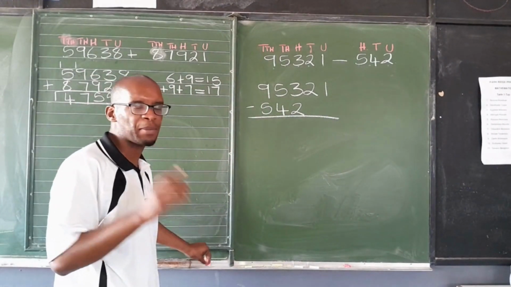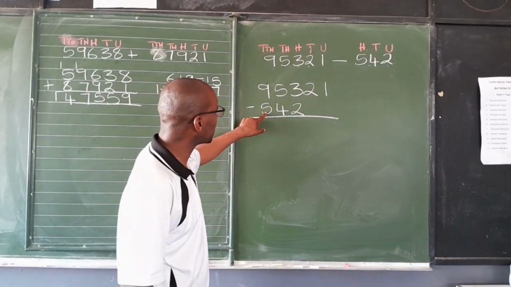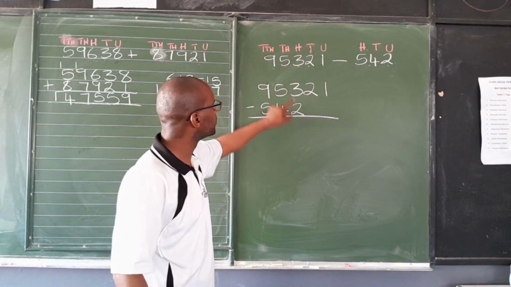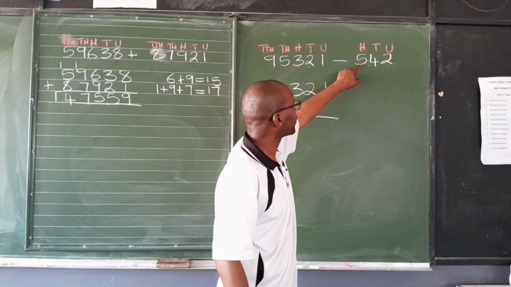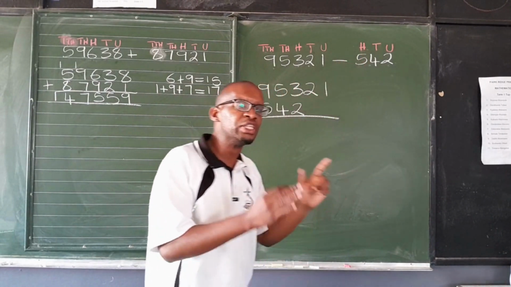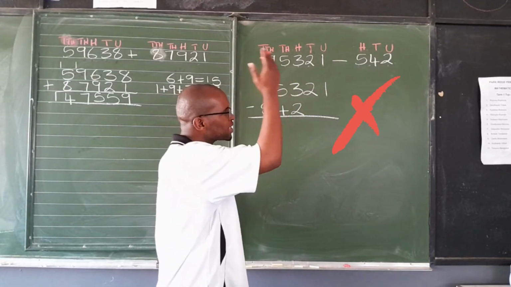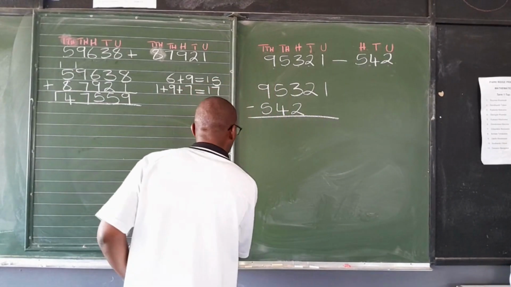And why is your answer going to be wrong? It is because you have not written the numbers 5, 4, and 2 underneath the correct place value. Here we said the 9 represents 10,000s, but here the 5 represents hundreds. So we need to make sure we write hundreds underneath hundreds, tens underneath tens, and units underneath units so that we can get to the correct answer.